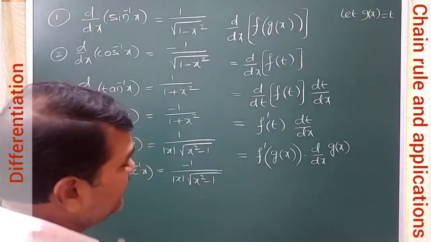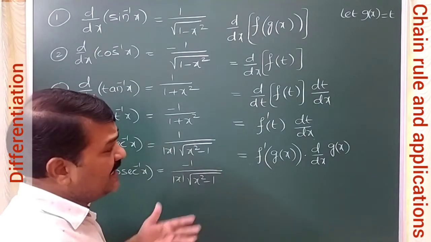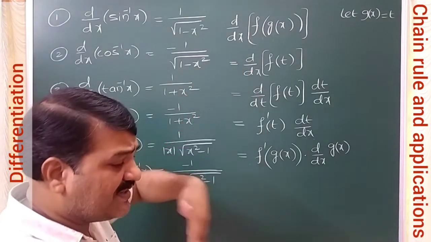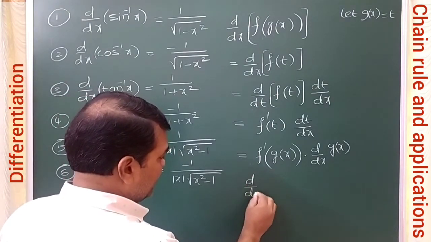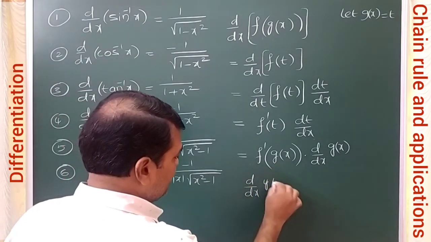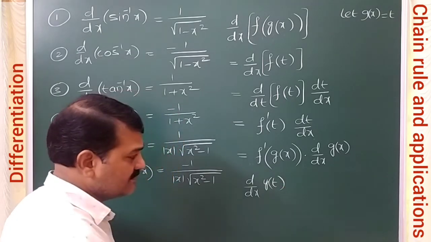I can extend this property continuously. I have taken only two functions here, but we can extend it. For example, you want dy by dx of y, which is in terms of t.